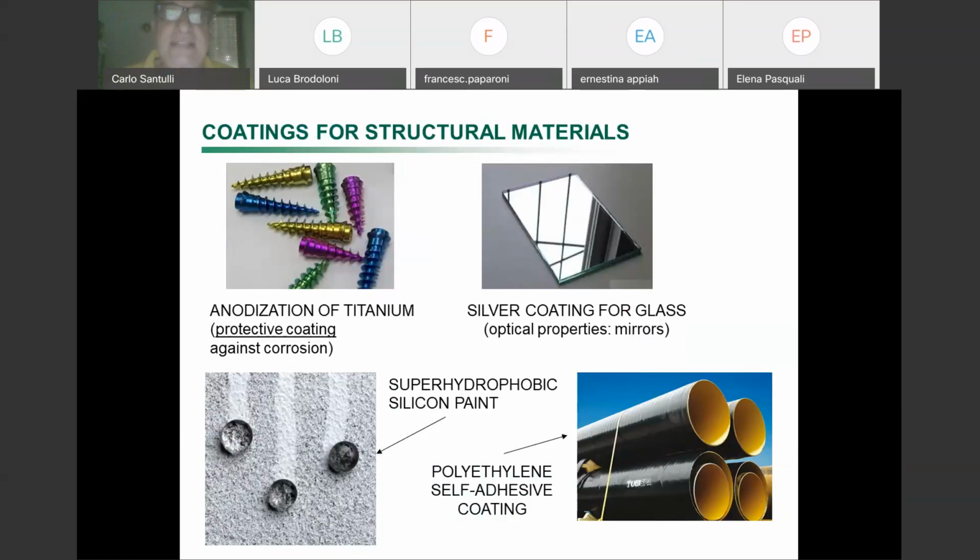The question is that anodization, which might be colored as well, because we may add some metal oxides color materials, which is well known from glass. We are going to talk a little bit more about glass later on. Anodization means that you try to avoid one big problem that metals have, which is corrosion.